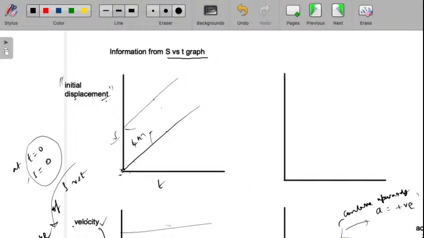This is like the curvature is negative, or basically the acceleration is negative. These are the two cases possible, right? Is there any other information that we could get from the displacement time graph?